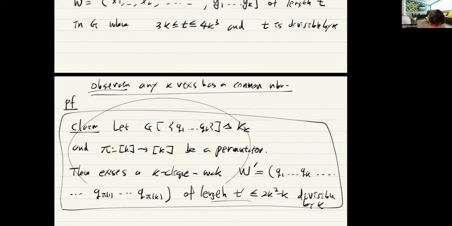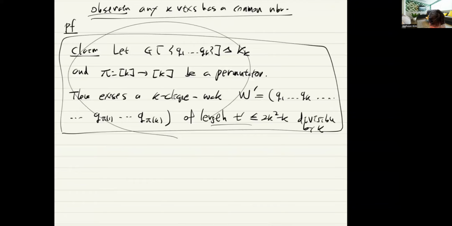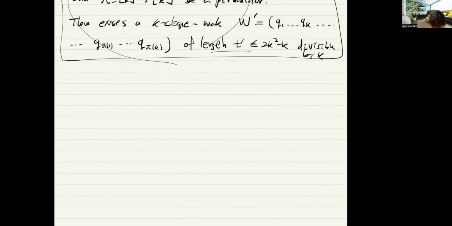Okay, and now how do you do it? You start from, say, x1, x2, x3, xk. Let's say your k is like 4. And then you have y1, y2, y3, y4.